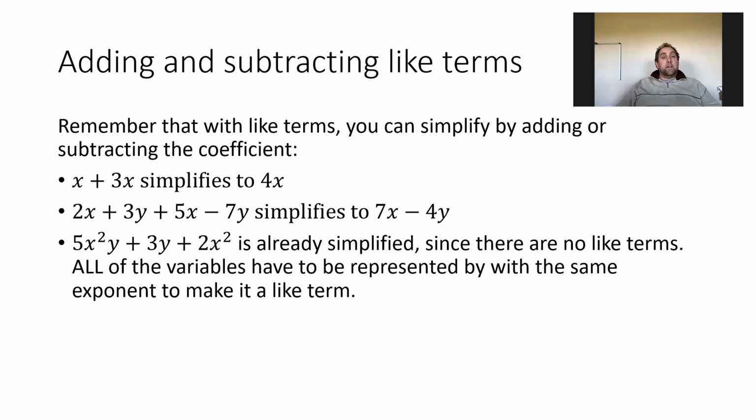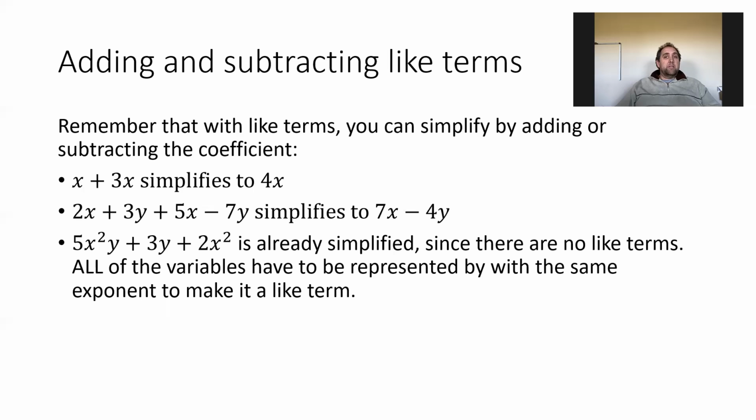And then the other set of like terms are the 3y and the negative 7y, or the minus 7y. It doesn't matter which way you say that. It could be 3y minus 7y or 3y plus a negative 7y. They both simplify to the same thing, and you get negative 4y. So you would end up with 7x minus 4y.